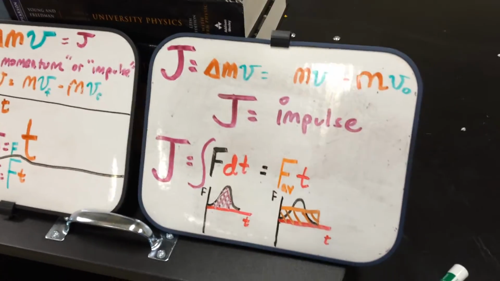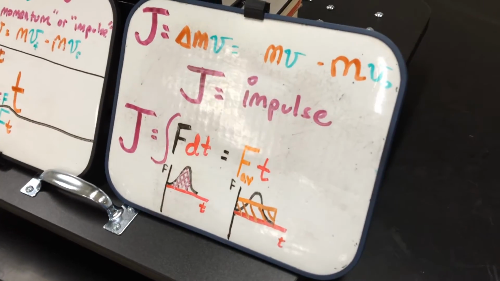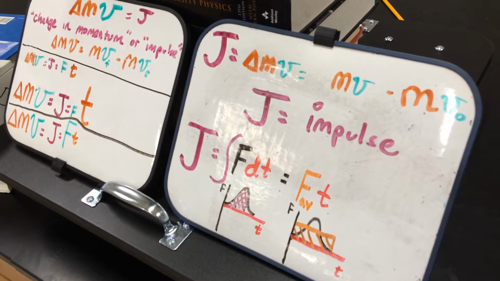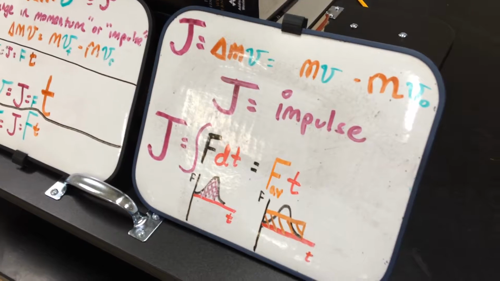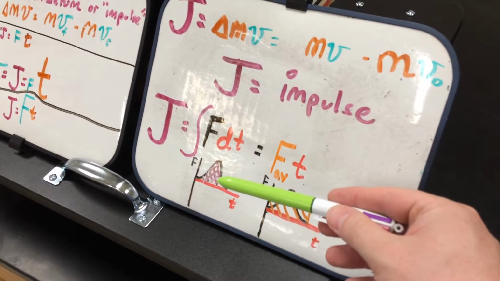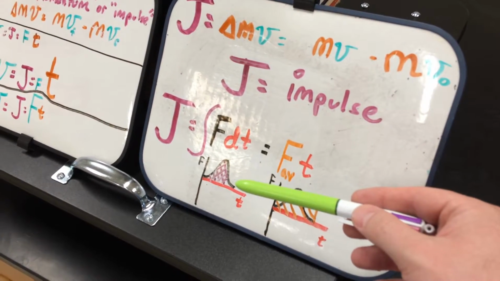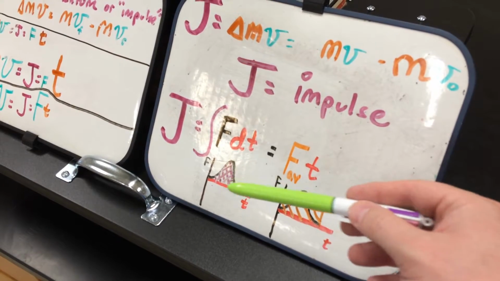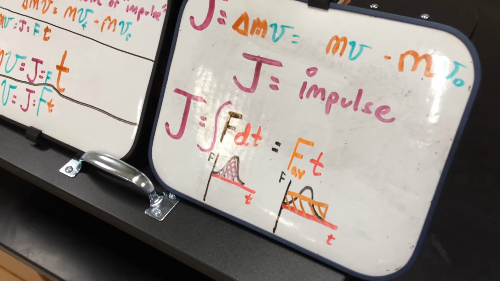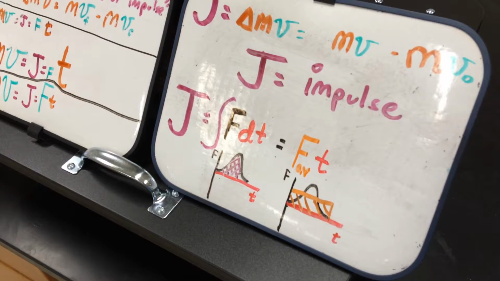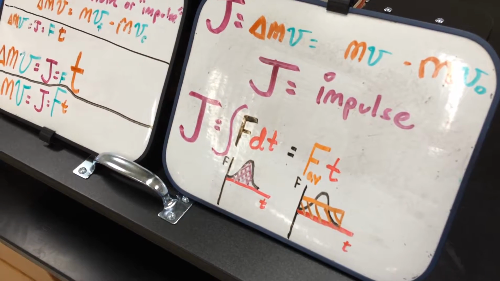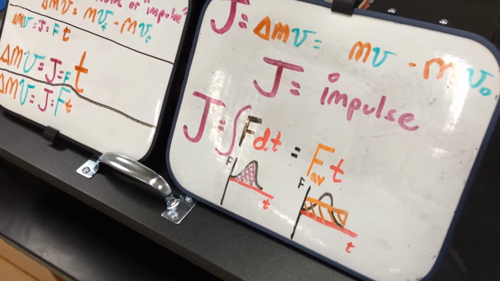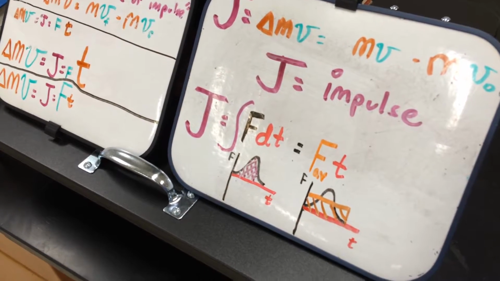Check this out. In reality, the change in momentum is not just F times t. It's actually the area under the curve on a force versus time graph, and that's this maroon area here. Now, that looks strange. But the reason this area under the curve is so important is before we've only really dealt with constant forces.